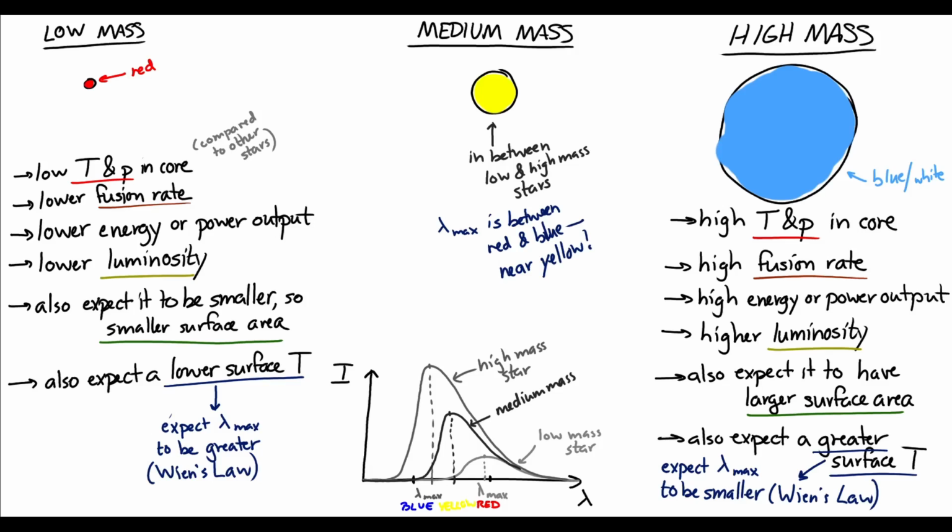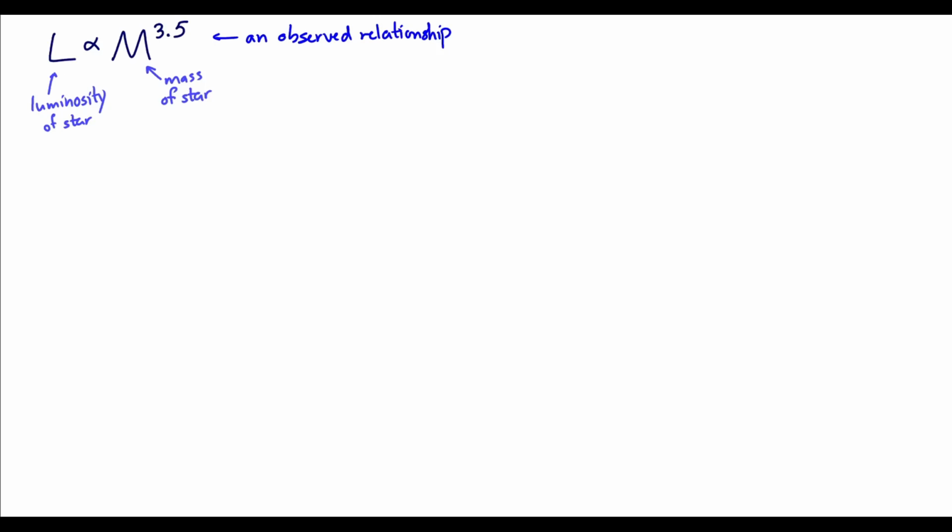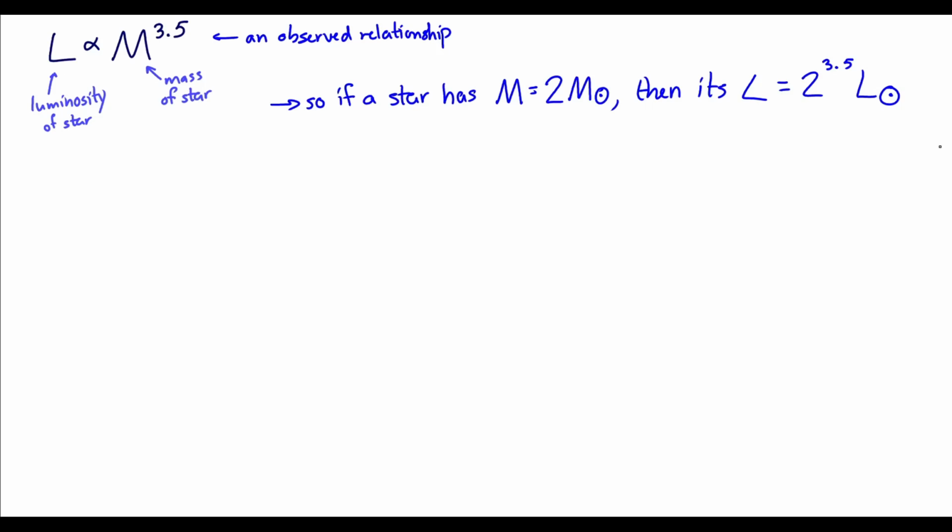Now it turns out that there is a relationship between the luminosity and the mass of a star. The luminosity of a star is proportional to the mass of a star to the 3.5 power, approximately. What that means is that if a star has twice the mass of the sun, then we would expect its luminosity to be about 2^3.5 times the luminosity of the sun.